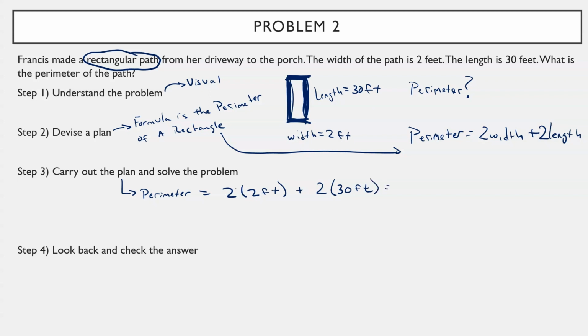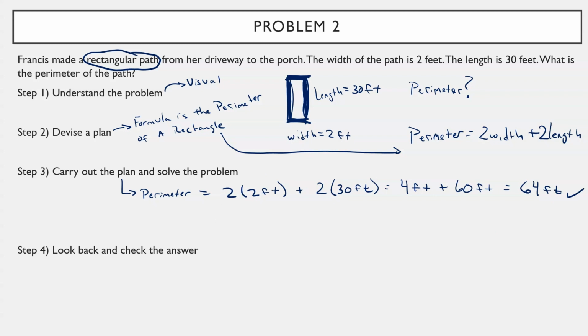I'll just distribute or just multiply here. 2 times 2, this gets me 4 feet, plus 2 times 30 feet gets me 60 feet. So this path, this nice path that Frances made from her driveway to her porch, 4 feet plus 60 feet, the total perimeter is 64 feet.